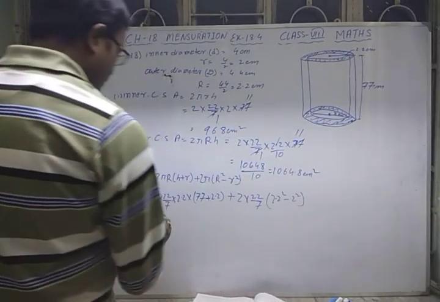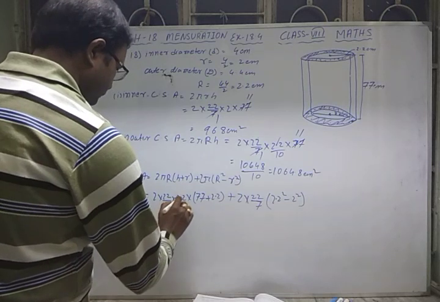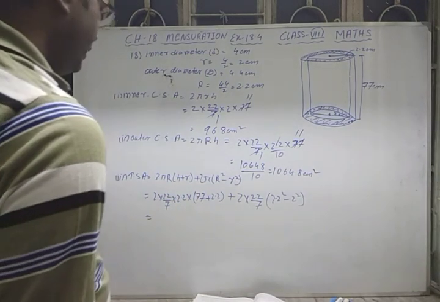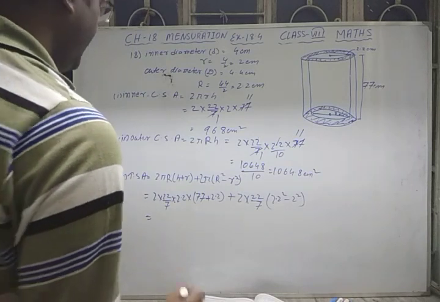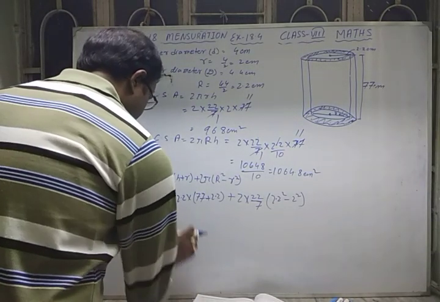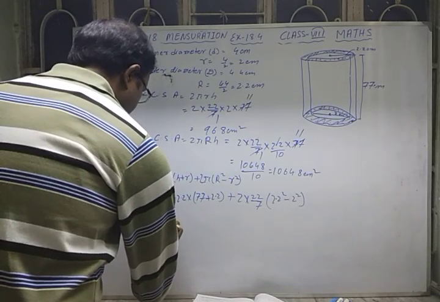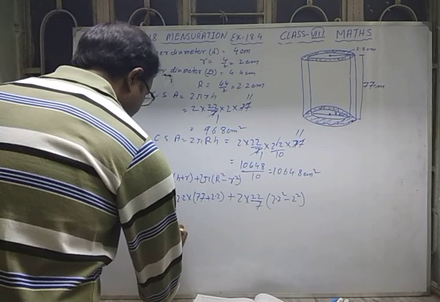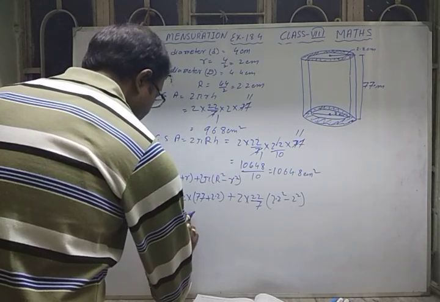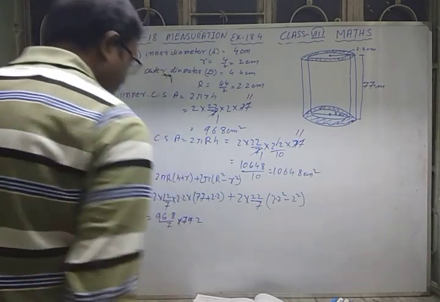Okay. So now you have to do the calculations. So it will be 44 into 2.2 into 36 is 96.8 by 7 into 79.2, you will get.